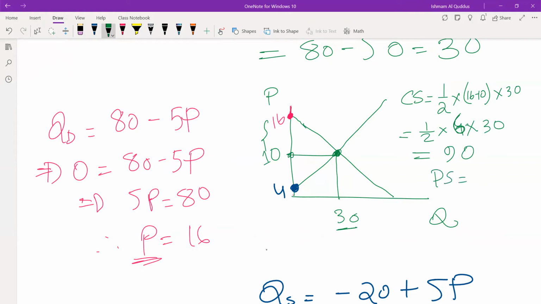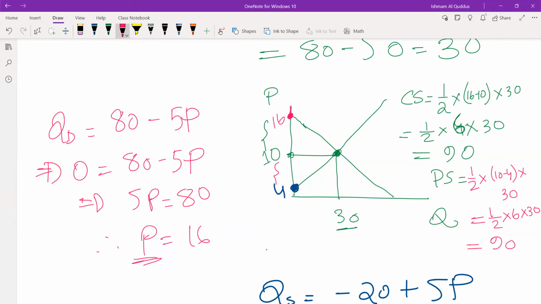And what about producer surplus? Producer surplus would be 10 minus 4, right? So half multiplied by 10 minus 4 multiplied by 30 again. So this gives us half multiplied by 6 multiplied by 30. So okay, this is also 90, right?